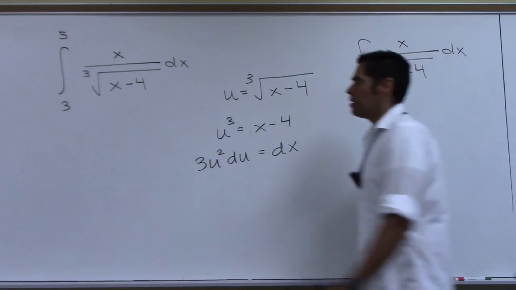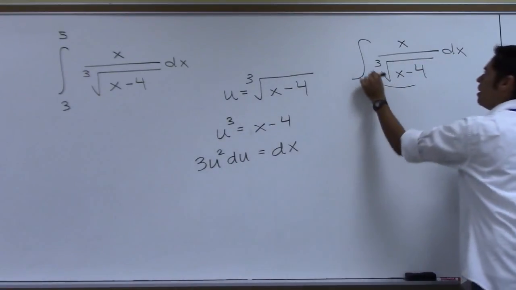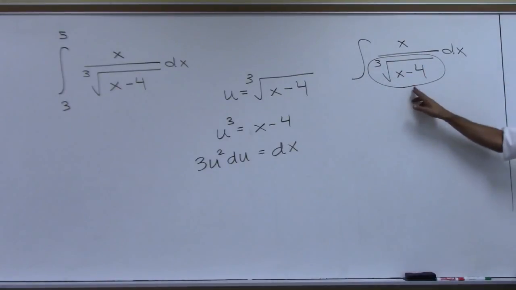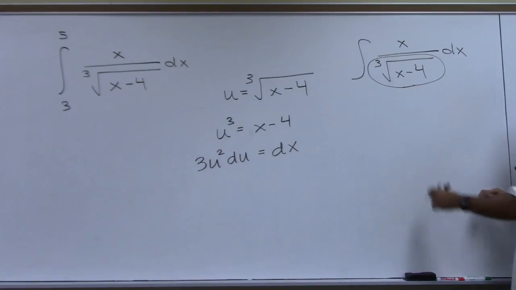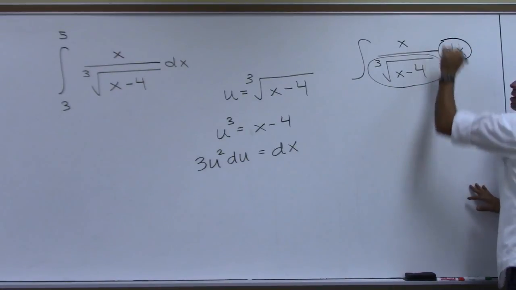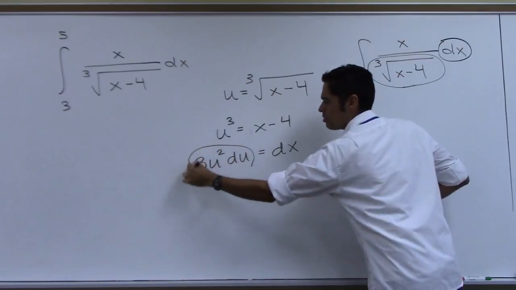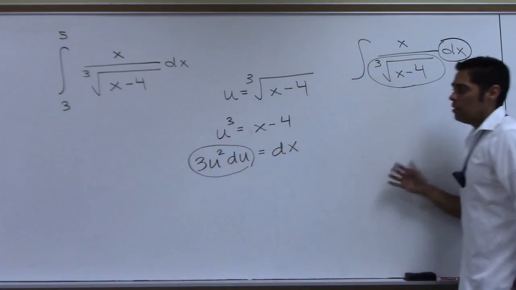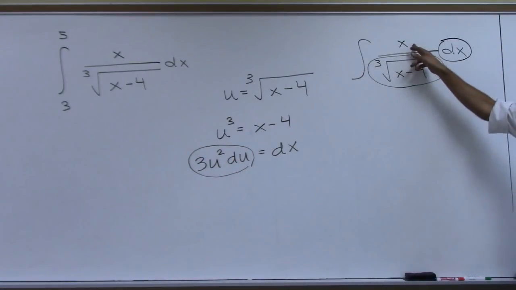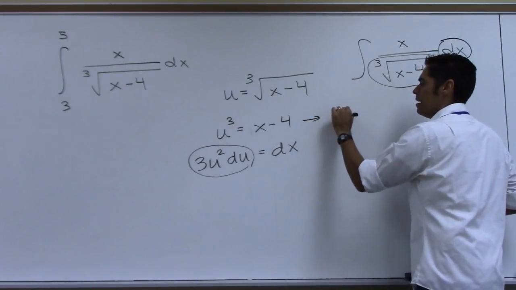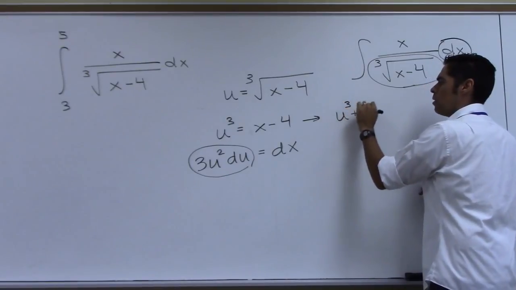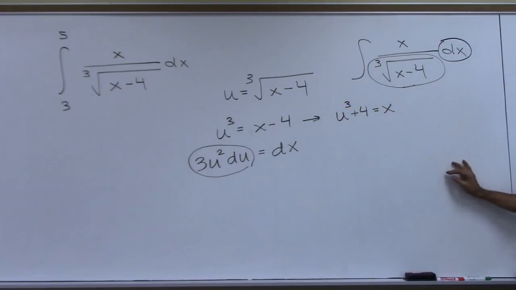So I will be able to replace this with u, and I will be able to replace dx with 3u squared du, right? The only thing really left for me to determine is what the x will become, which I can use this to say that u cubed plus 4 is x. Now, I believe integration by parts will also work for this, but it's a little uglier.